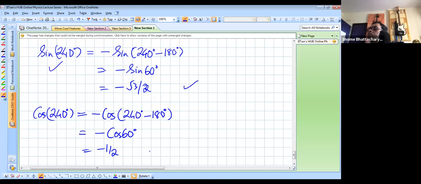So this is your sine, this is your cos, and tan you can just get by dividing the two, so it's root 3. This is how we calculate the sine and cos values, the trigonometric functions, when our angle is in the third quadrant. Hope this is clear to you.